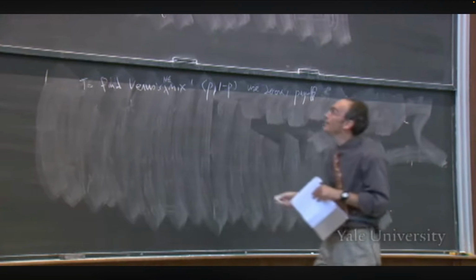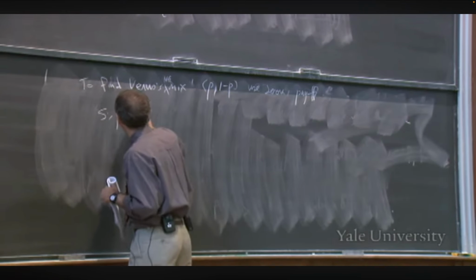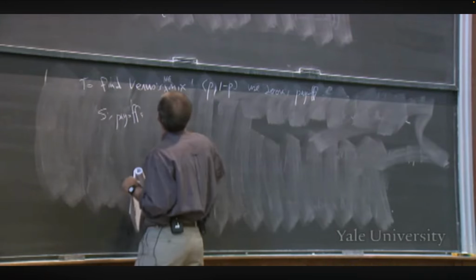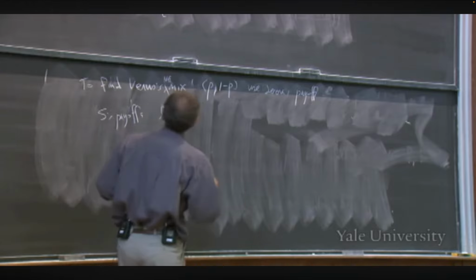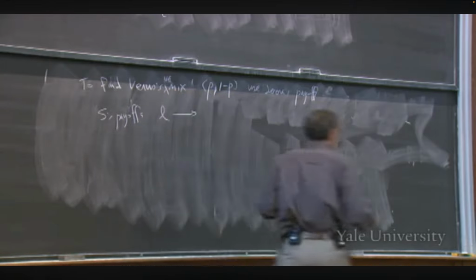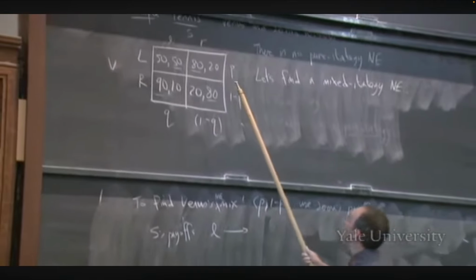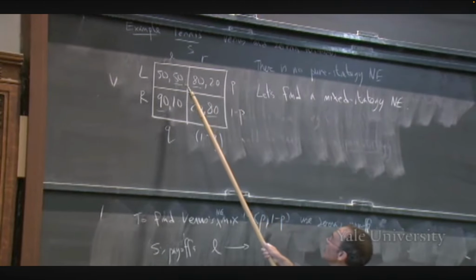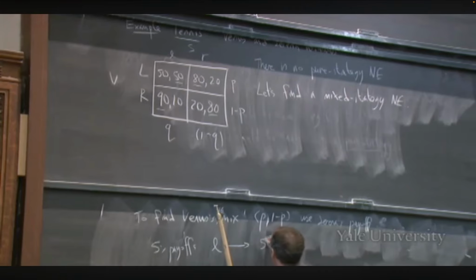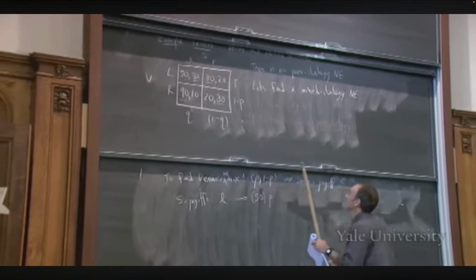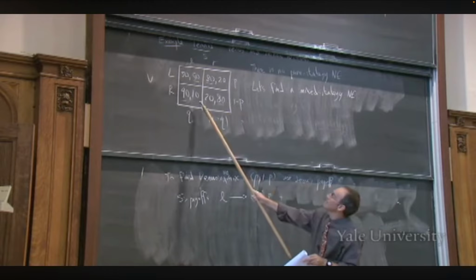So this is Serena's payoffs. If Serena chooses L, then her payoffs will be what? Again, we'll just watch, make sure I don't get this wrong, and I'll point to the things to help myself a bit. With probability P, she'll get 50, and with probability 1 minus P she'll get 10.